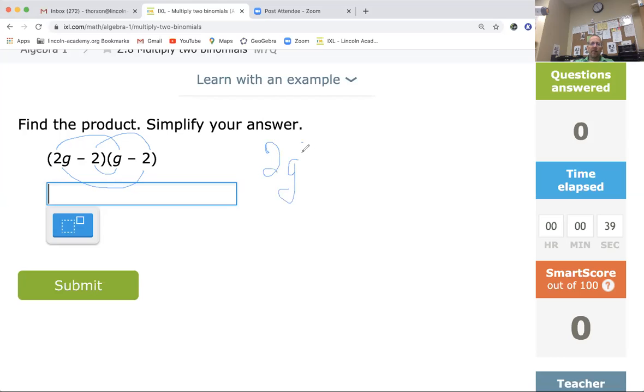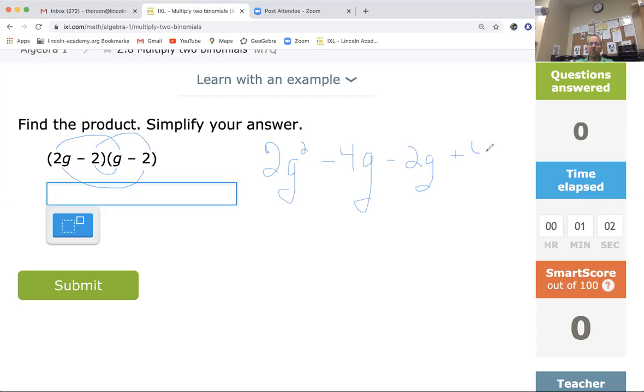That's the first times this g. And then the first times the last would be a negative 4g. And then the last times the first would be a negative 2g. And then the last, that negative 2 times the negative 2 is a plus 4.